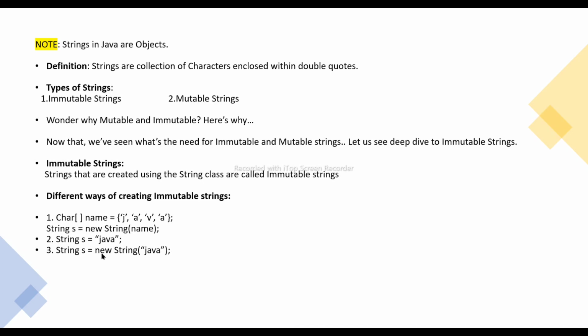That means first you will say new. The moment you say new, your JVM gets activated, and it sees what is the type of the object that it has to create. Now, the moment you specify String here, it understands that it has to create an object of the string class and not anything else.